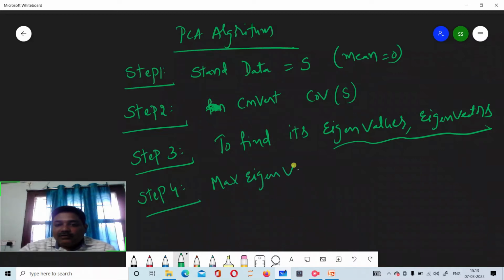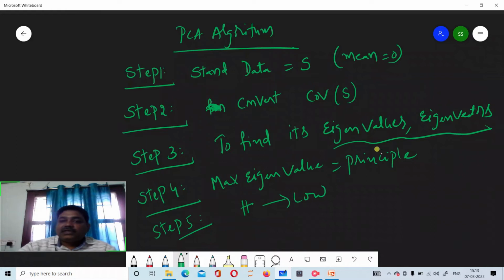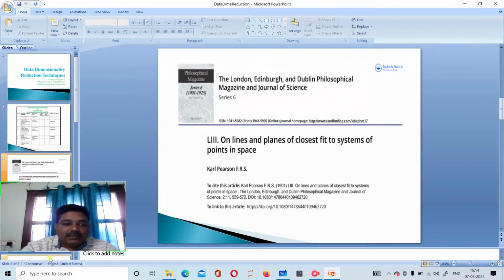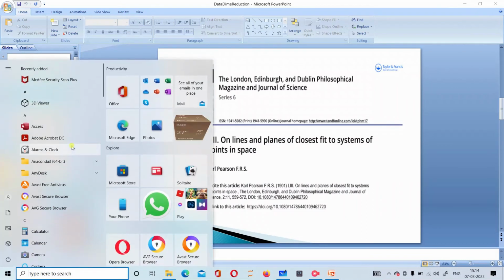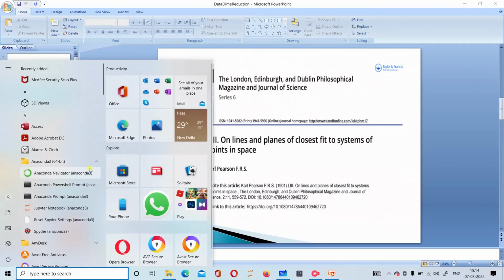The principal components are those with the maximum eigenvalues: the larger the eigenvalue, the more principal the component. Once the principal components are identified, we convert from higher to lower dimensions. That is the PCA algorithm. We will look at it one by one in a programming way, so I open my Jupyter notebook.